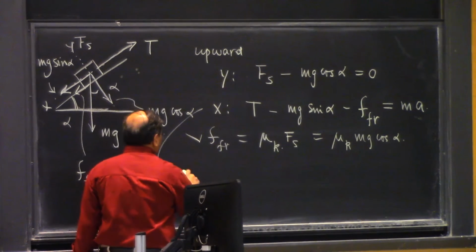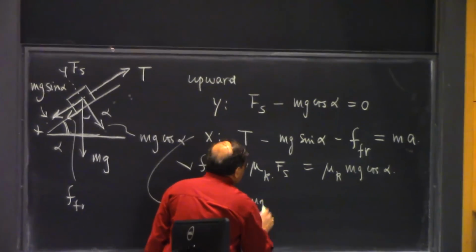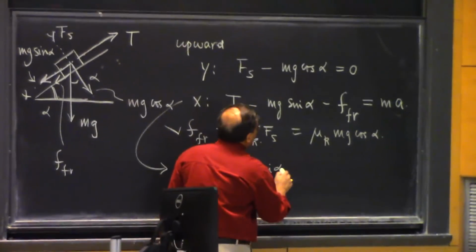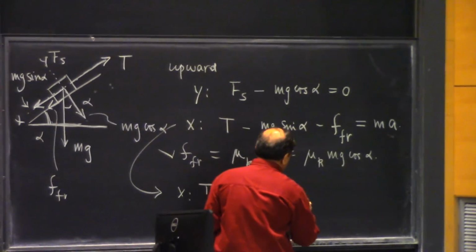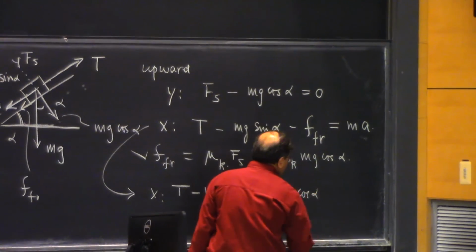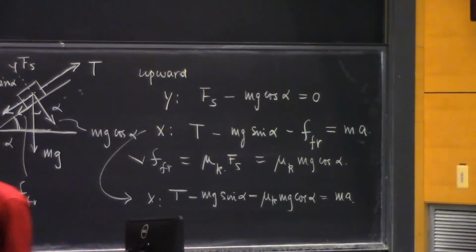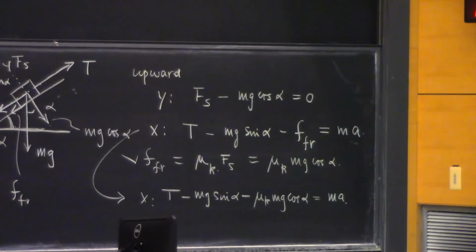So therefore my x equation with this condition now becomes T minus mg sine alpha minus mu k mg cosine alpha is equal to ma. Doesn't look totally simple and pretty, and it's not. But this is the next thing that you are doing. Okay? So it's setting up these equations that are now becoming the next challenge for you.